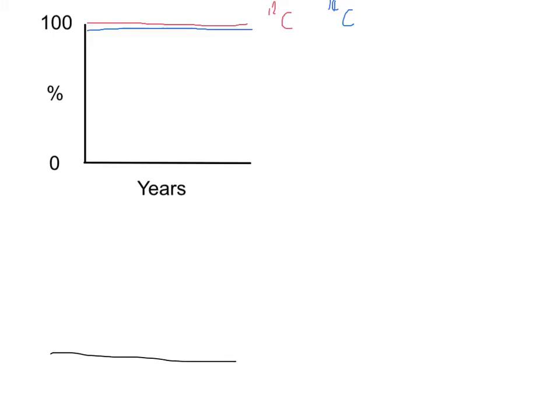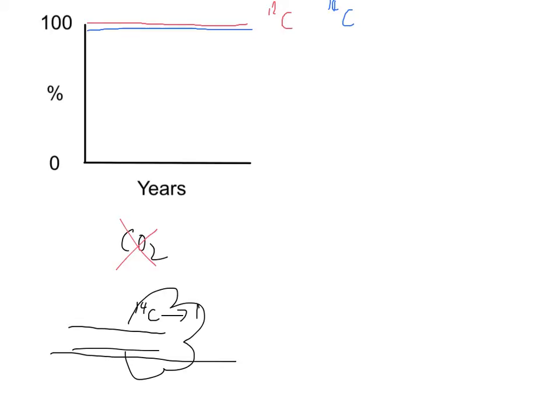However, if our plant or tree should die, it can no longer photosynthesize, it can't take in any carbon dioxide from the atmosphere, so it's not going to replenish the radioactive carbon 14. So in the plant now, the carbon 14 will decay to form nitrogen 14.